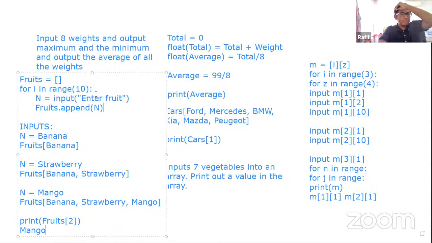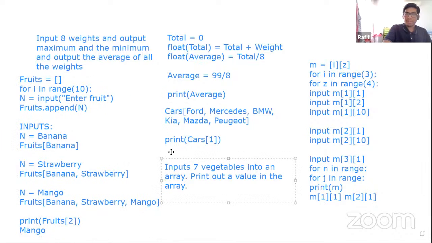You use a loop to input things, the usual input statement. And then to put stuff into the array, you type the name of the array, dot append, and then put what you want inside this bracket. If you need any help, just call.